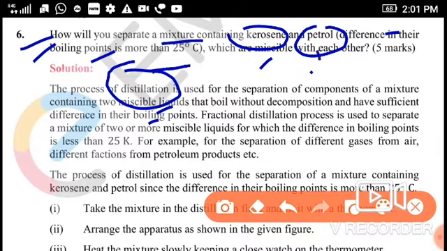As we know, petrol's boiling point is less than kerosene's, so petrol starts boiling first and converts from liquid into vapor state, and when the petrol goes up, it condenses and separates out. This is what we call the distillation method. So by using distillation we can separate kerosene and petrol.